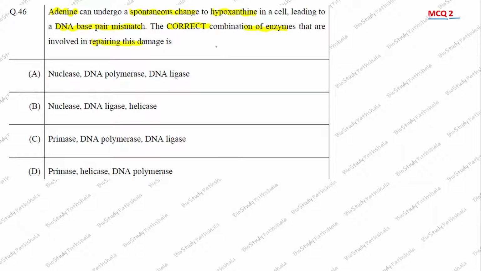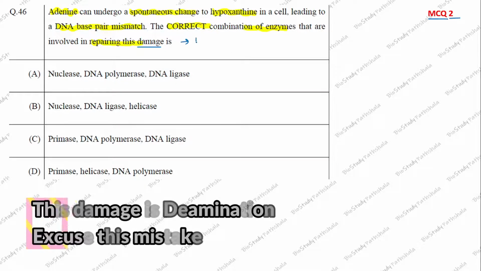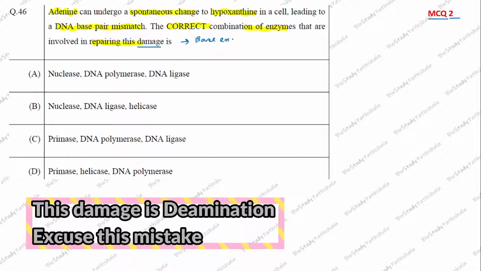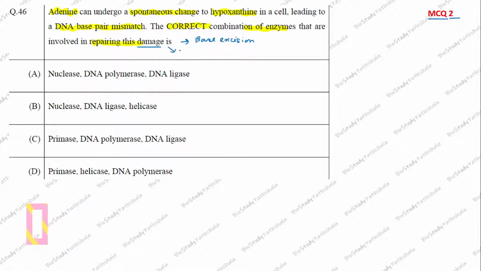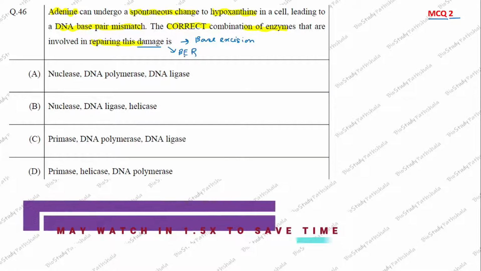type with 2 marks. So this particular damage is known as base excision damage, and the repairing system is known as the base excision repair system.